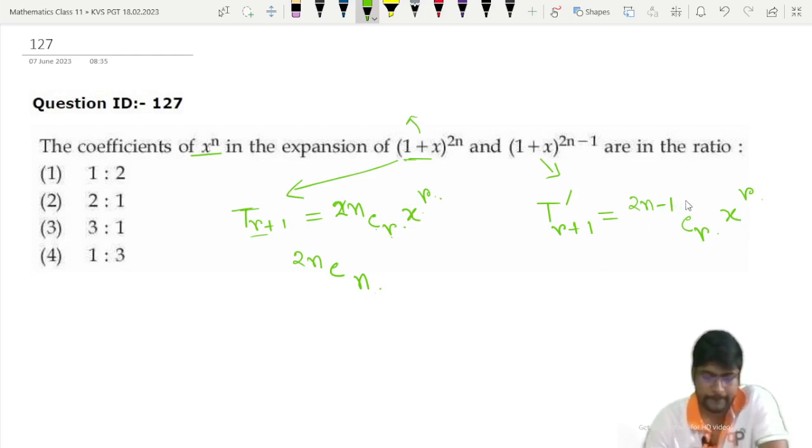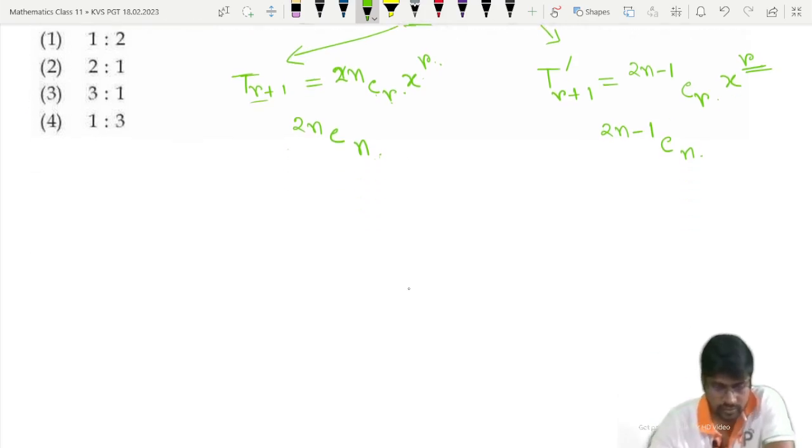So here what will be the coefficient of x to the power n? This will be simply (2n minus 1)Cn. Here also r is equal to n. So these two coefficients we have got, and we have to find the ratio of these two coefficients. So let's find the ratio then. Now 2nCn means what?